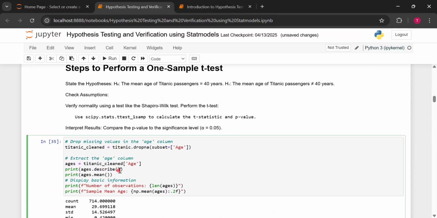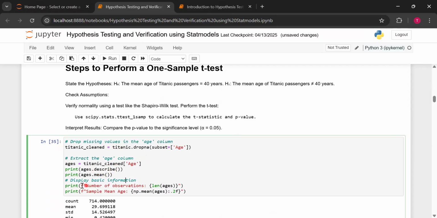Once we extract the variable age, we may do our descriptive statistics. For instance, we say ages dot describe. You could give that age any name. You can look for the mean, and you can look for the standard deviation. We are able to do that given what we have covered thus far.